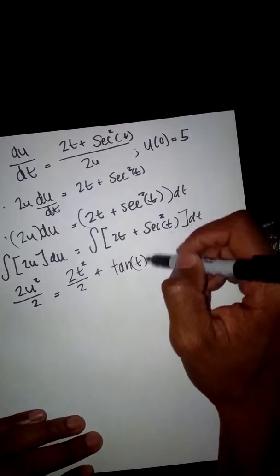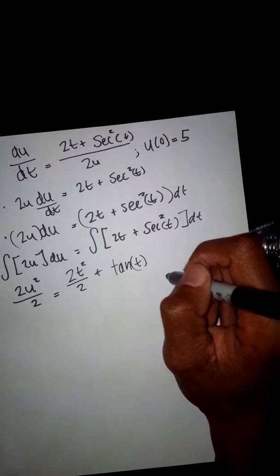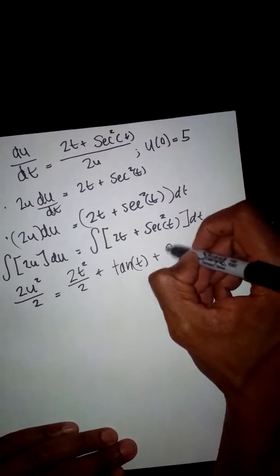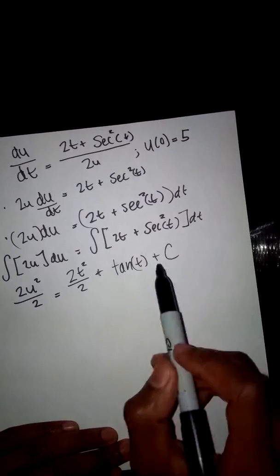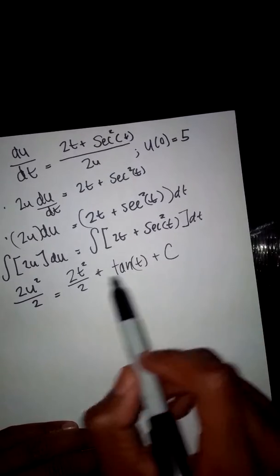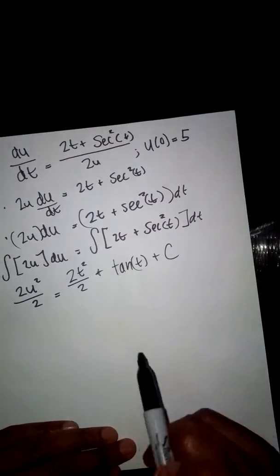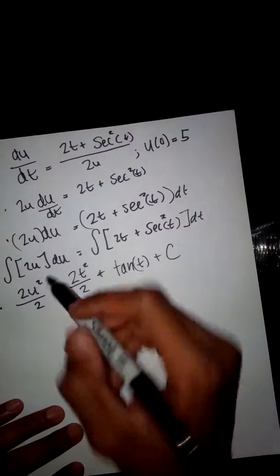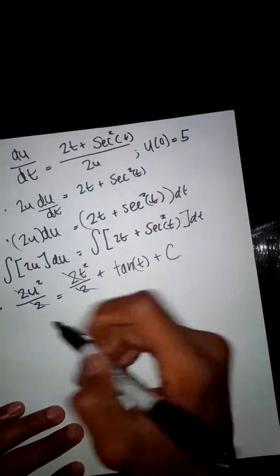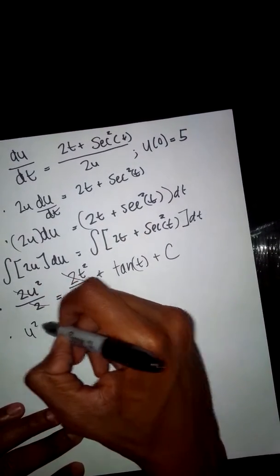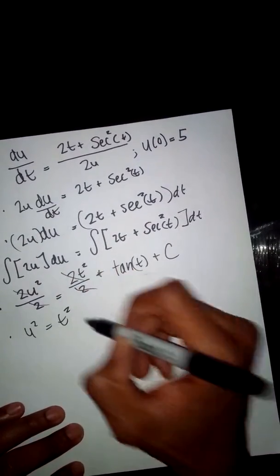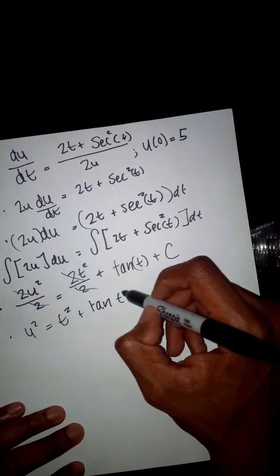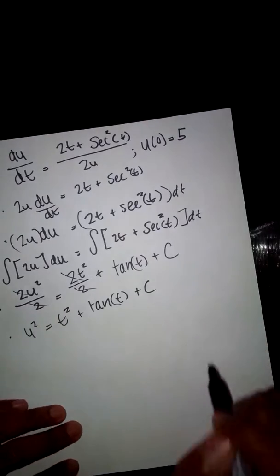I had to think about it. And what else am I missing here? We're going to add the constant of integration. And remember, this constant of integration takes care of the constant from all three of these terms. Now, simplifying, I get u squared is equal to t squared plus tangent t plus c.